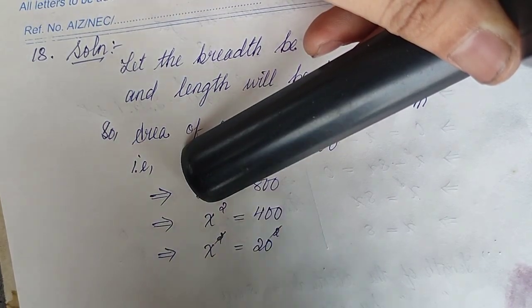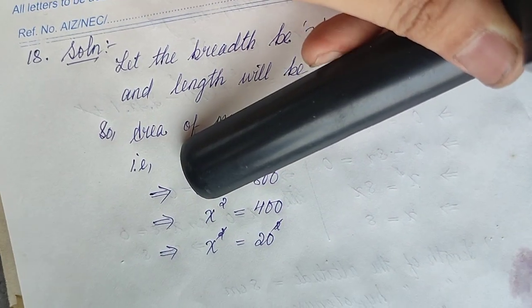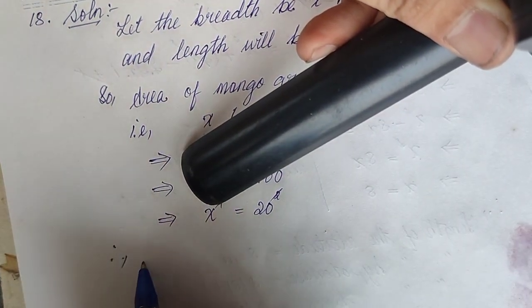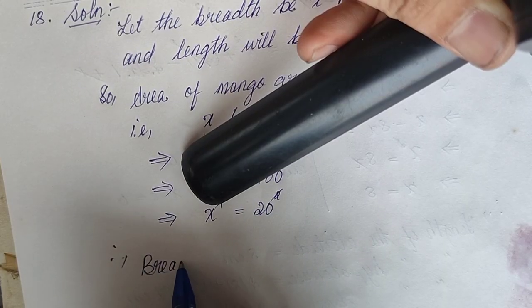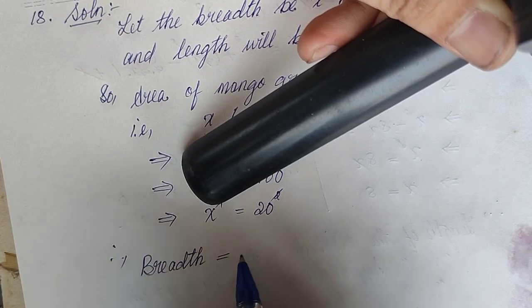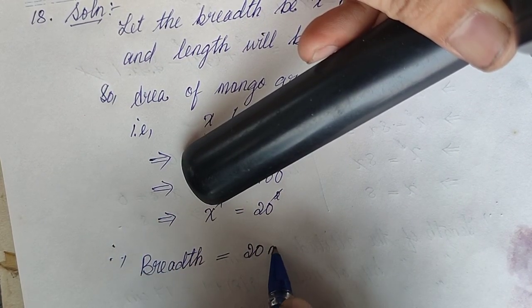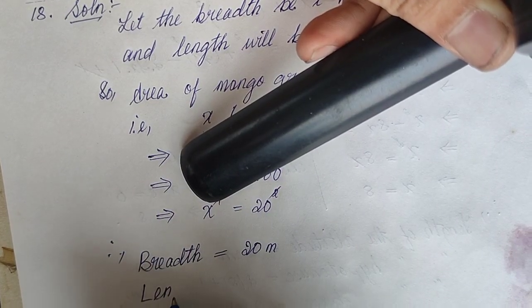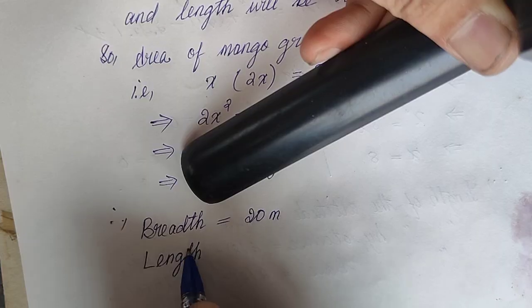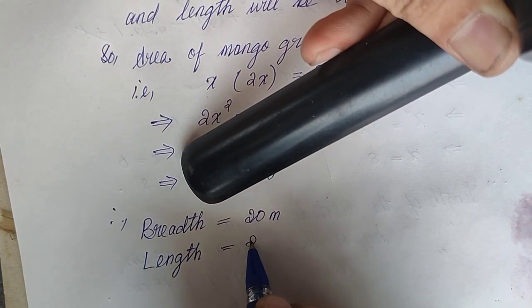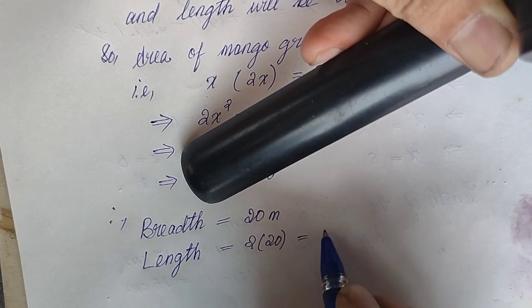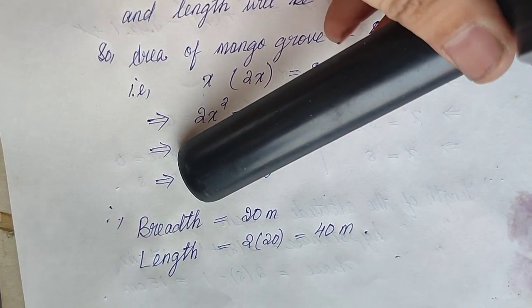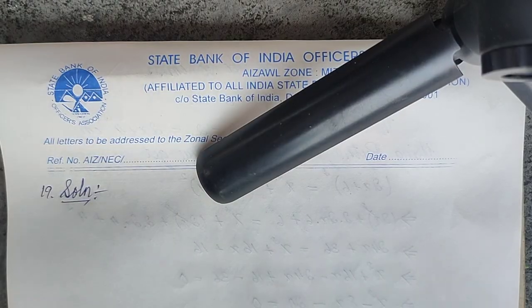Therefore breadth is equal to 20 meter and length is equal to 2x, which is 2 times 20 equals 40 meter.